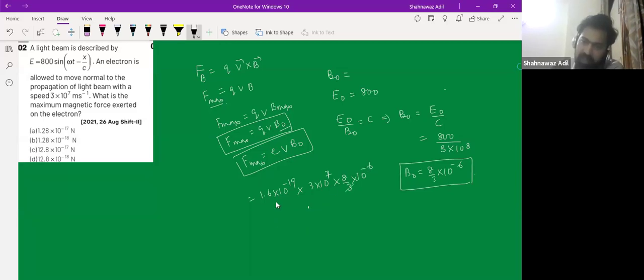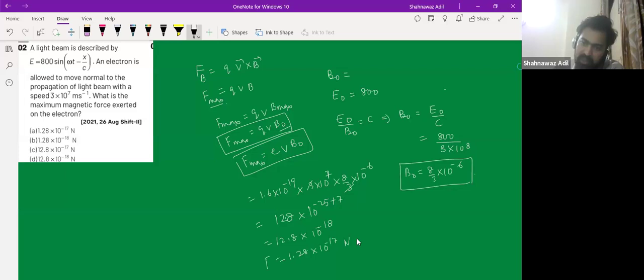This one cancels. 8 into 16 is 128, and then 12.8. This is 19, and minus 25 plus 7. So this is 12.8 into 10 to the power minus 18. So this would be 1.28 into 10 to the power minus 17 Newton.